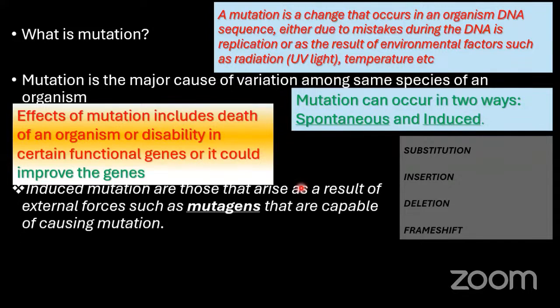Now, we have induced mutation as a form of natural laboratory act. It is a conscious, deliberate act by scientists, by humans. And like I said previously, it is usually the change in bacterial sequence for human personal use.